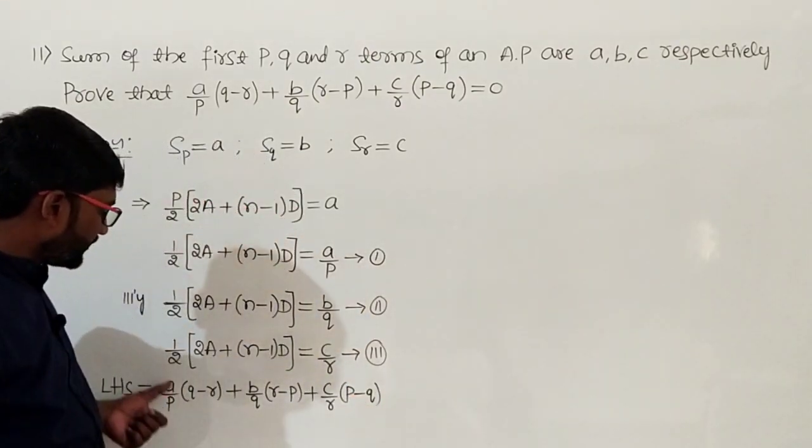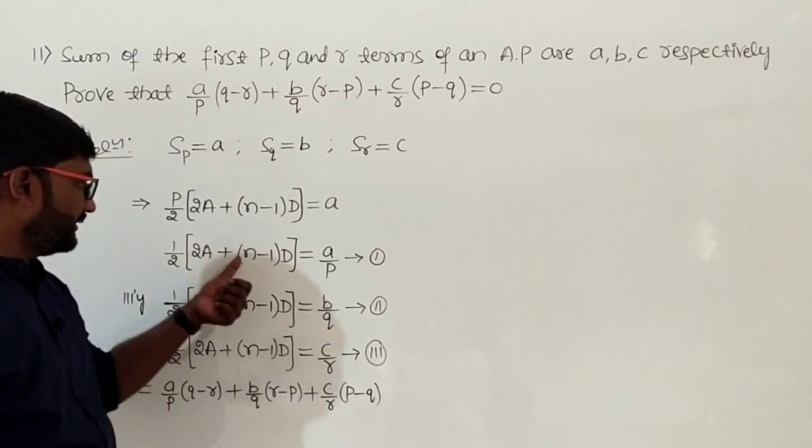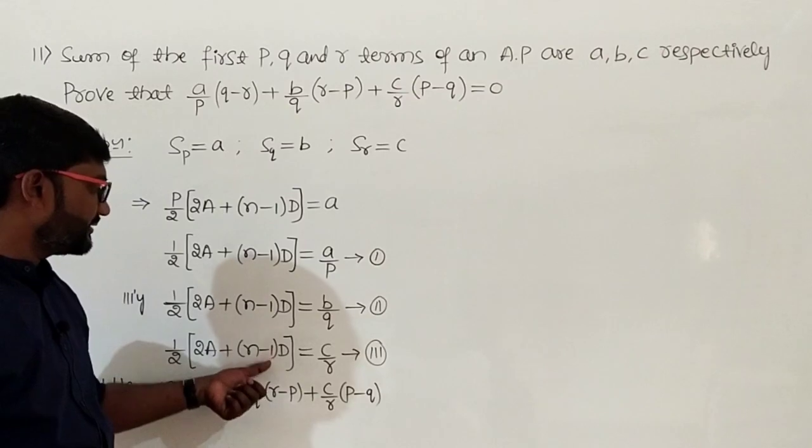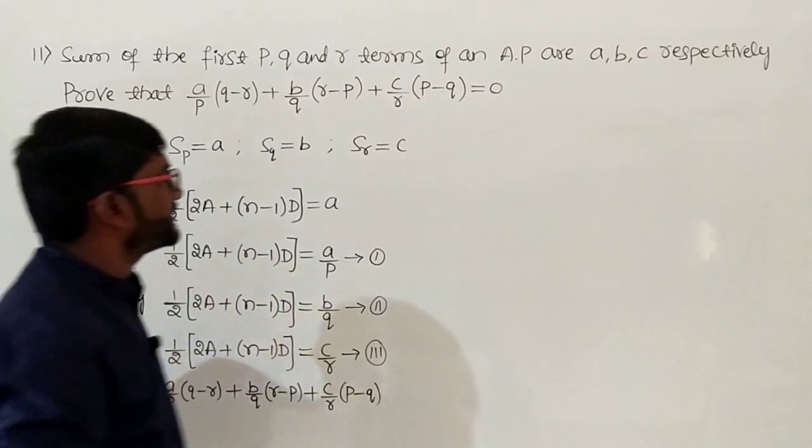Now you know the value of a by p, b by q and c by r. Here we have equation 1, equation 2, equation 3. So we have to substitute all these three in the left hand side.